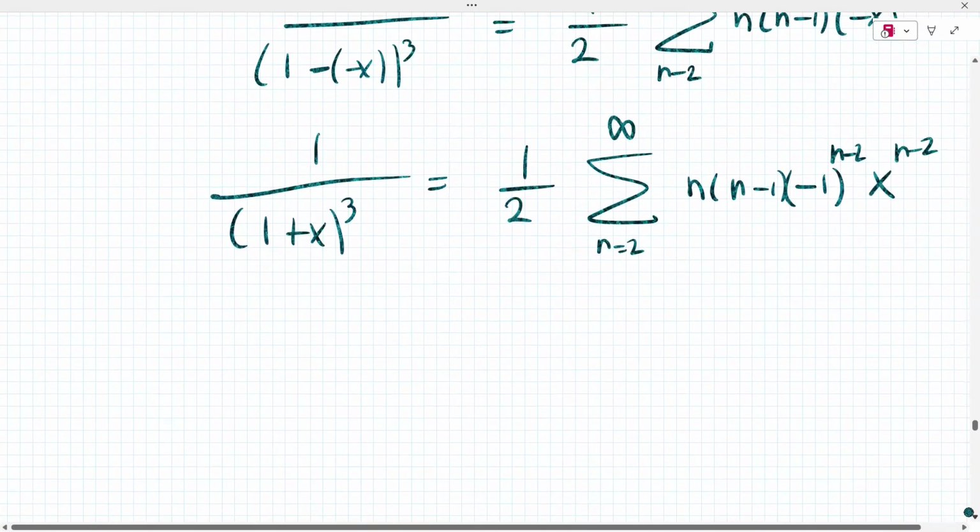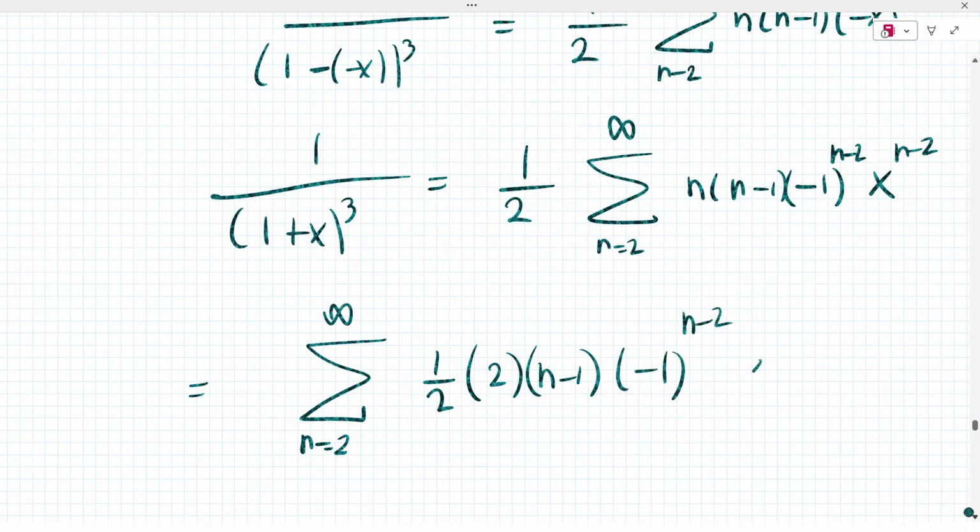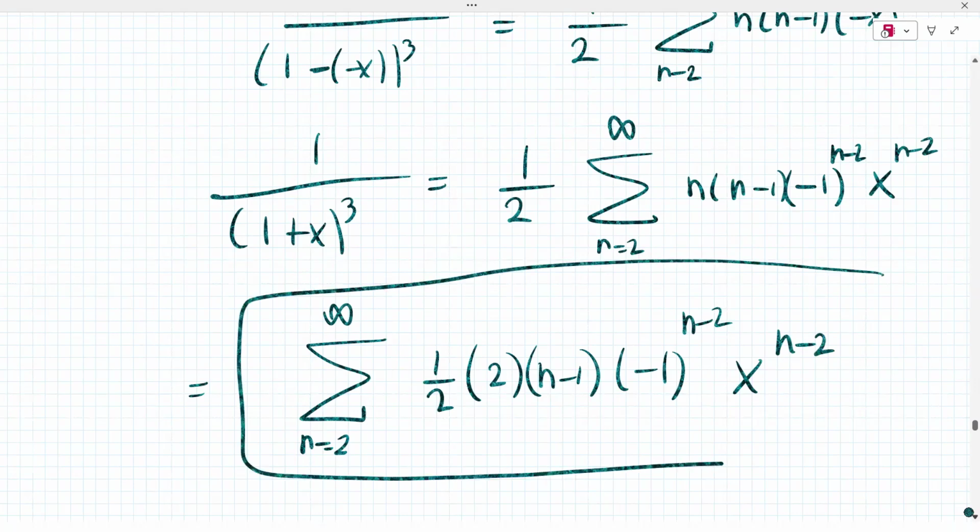So your final answer is going to be the summation of n equals 2 to infinity of 1/2 times 2 times n minus 1 times negative 1 raised to the n minus 2 times x to the n minus 2. Okay, so that's your final answer.